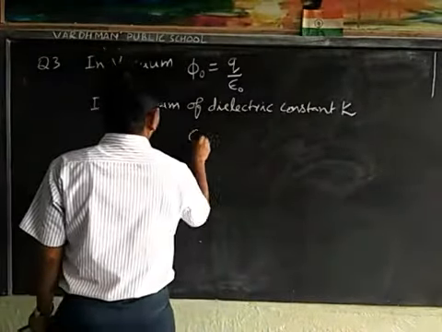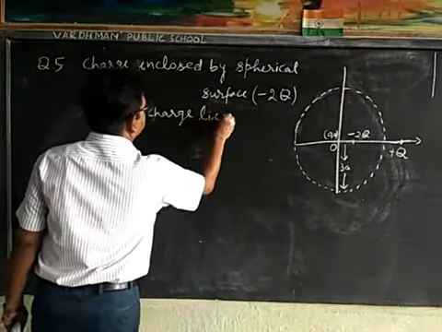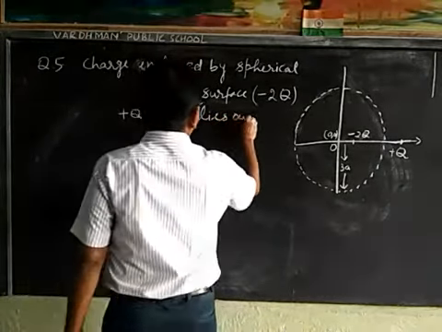Here we see the plus q charge lies outside the spherical surface. We will not count it.